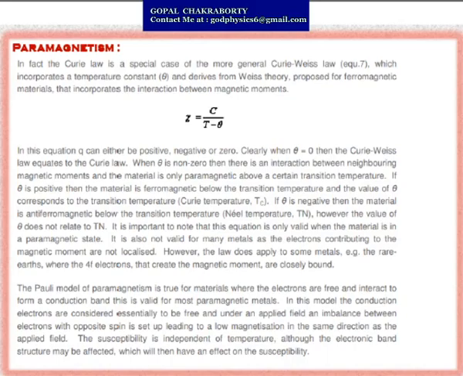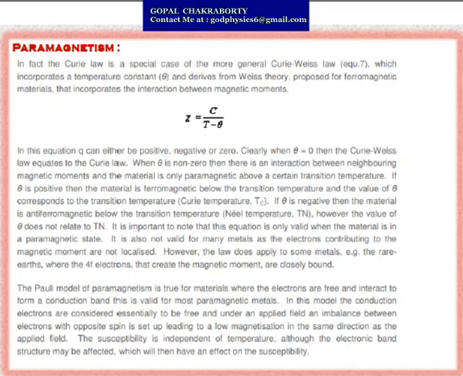This incorporates the interaction between magnetic moments. So the Curie-Weiss magnetic susceptibility is equal to C by T minus theta. This is the equation. Theta can either be positive, negative or 0.